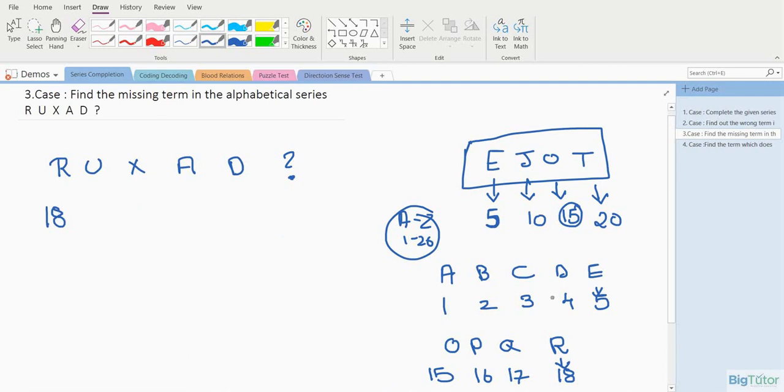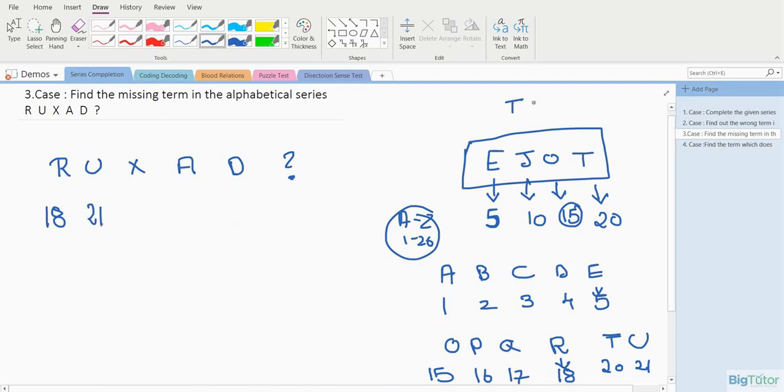Similarly, U. What is the position of U? Instead of starting all the way from A, we know that U comes directly after T. T we know is 20, so U will be 21. And X. X again comes after T only.